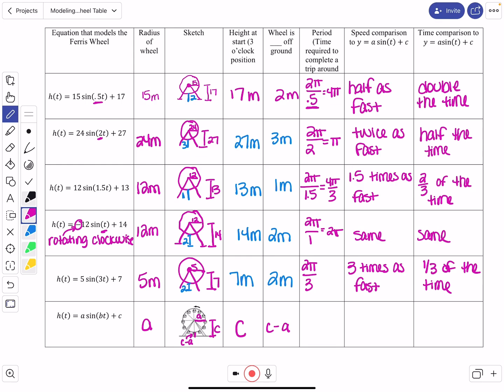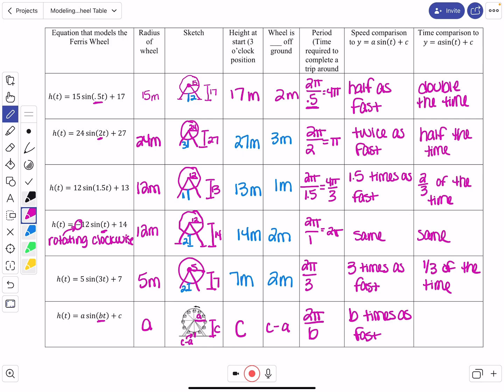And since B is with T, this time I'm going to do 2 pi over B. And notice each time, whatever that number was, that's what we said that it's that times as fast. So we would say B times as fast, because that's what we did in every previous problem. Whatever that number was with T, that's how fast it was, like that was our multiplier.